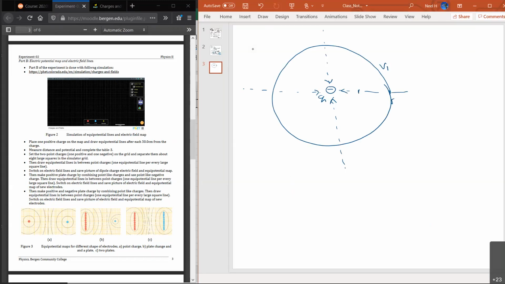If I pick another point right here, use the same R and draw a line, that is equipotential 2. If I know the delta R between the two equipotential lines, and the potential values V1 and V2, I can calculate the electric field between these two equipotential lines too, that is delta V over delta R.